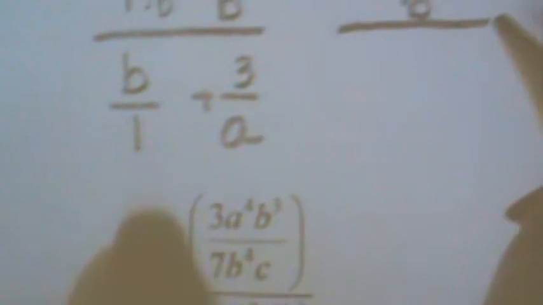So what's your common denominator here? What do I need to multiply these two by? B. So if I multiply this by b and this by b, you get ab plus 3 over b, main fraction line.